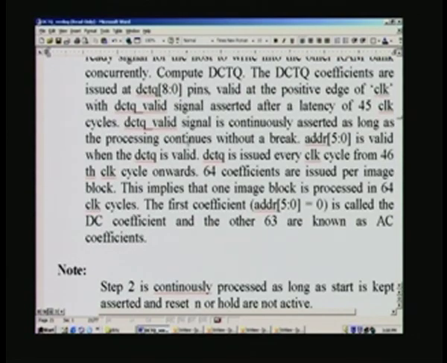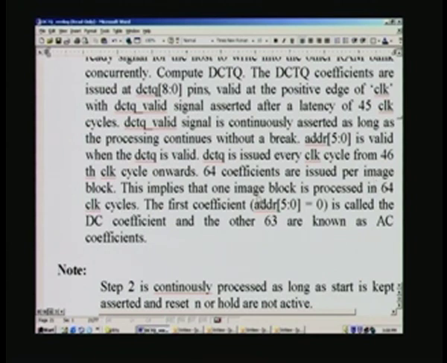It is doing so for the simple reason that every clock we are applying the input data. Fresh data is applied every clock, which we have already seen at the CX matrix input of the first multiplier, and therefore whatever we apply will have to come out at the same rate. Otherwise everything will go completely in disarray, and 64 coefficients are issued per image block.